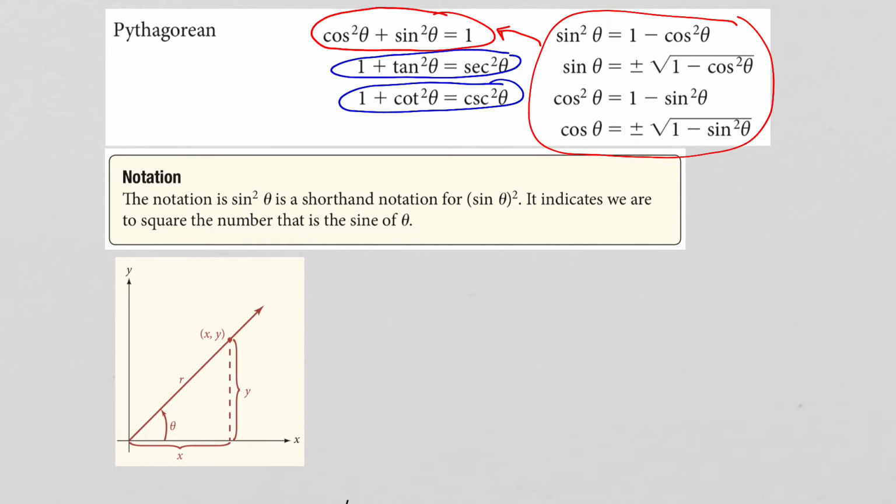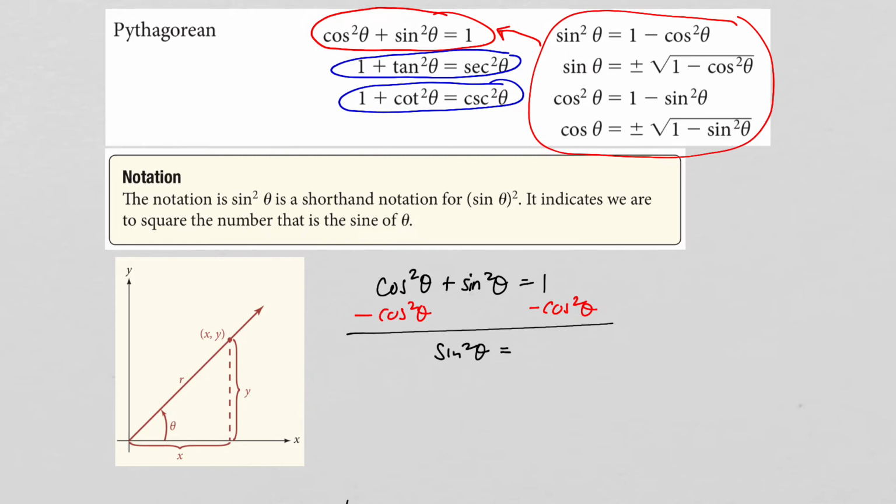So we know that cosine squared of theta plus sine squared of theta is equal to 1. If I wanted to solve for sine squared, I could just subtract cosine squared from both sides. And when I do that, we would get sine squared of theta is equal to 1 minus cosine squared of theta. So that is where this one comes from.